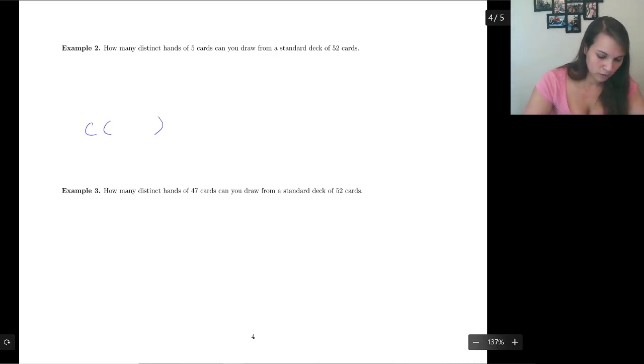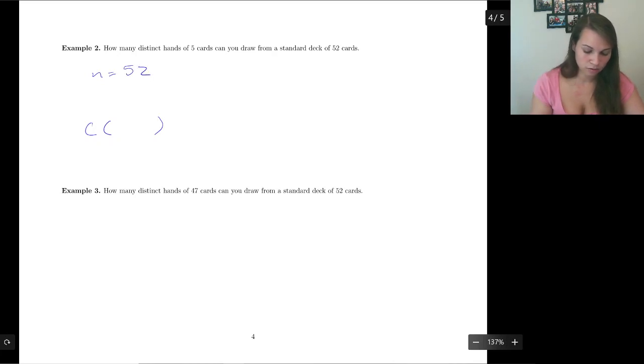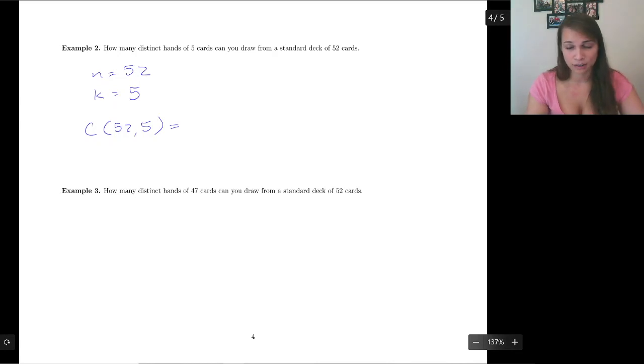Combination of what? We have 52 total things that we could draw, or cards. We are allowed to have 5 of them in our hands. So we're doing the combination of 52 and 5, not a permutation, because again, the order of cards in your hand doesn't matter.